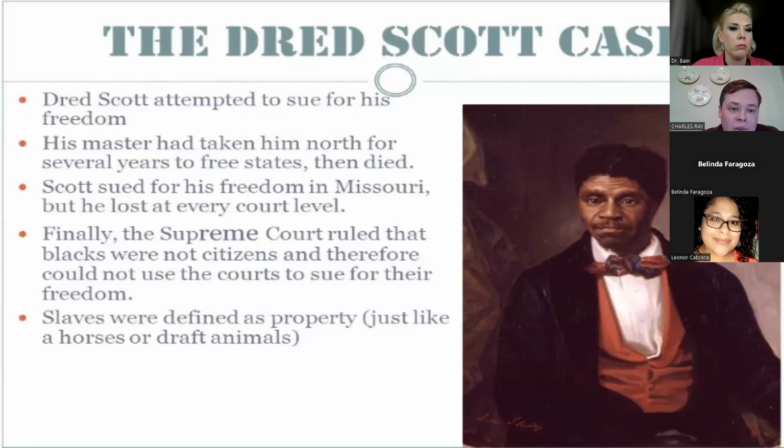So all these compromises that have been going on are thrown out. They're declared unconstitutional in one fell swoop in 1857. So we have a problem. The things that kept us from going to war are gone. There's still not a point of no return. We're not at civil war. People aren't leaving yet, but it's getting much closer.